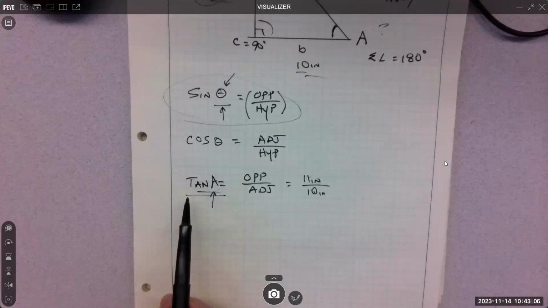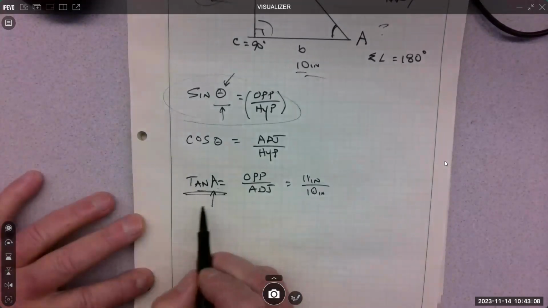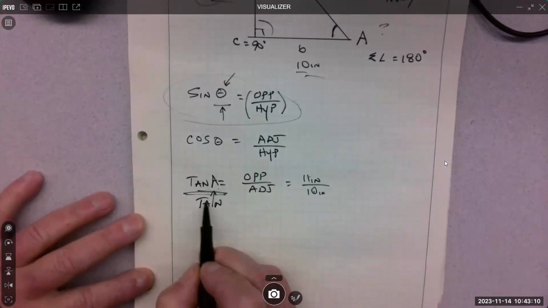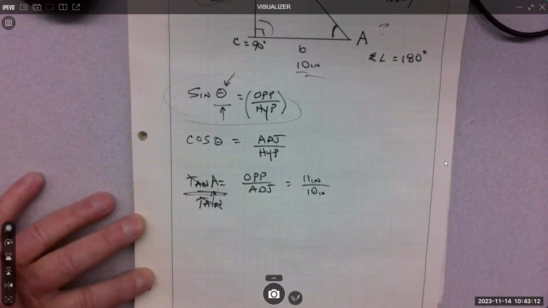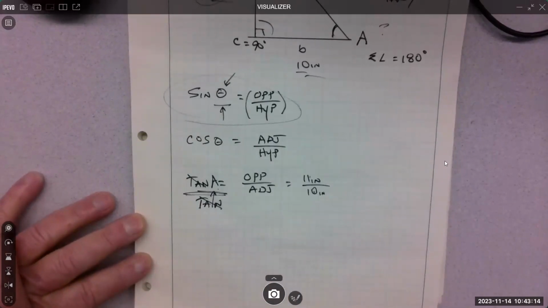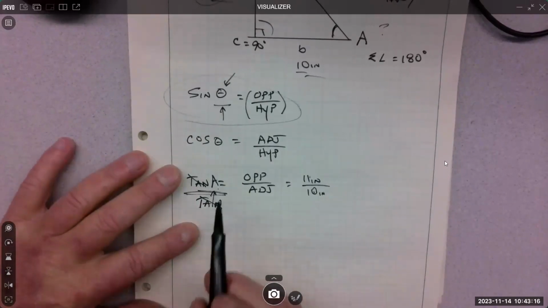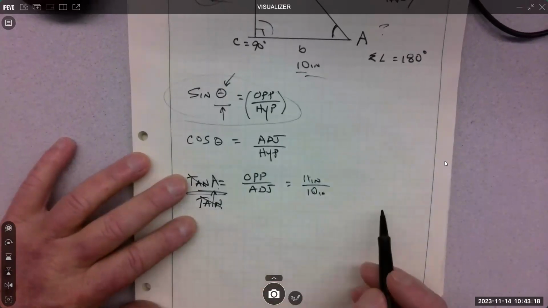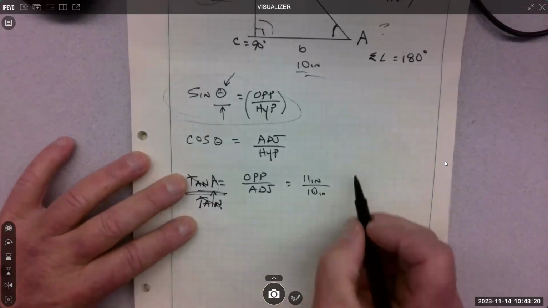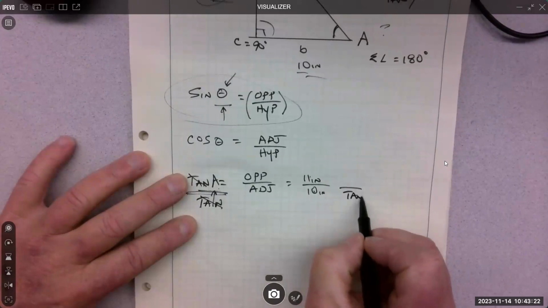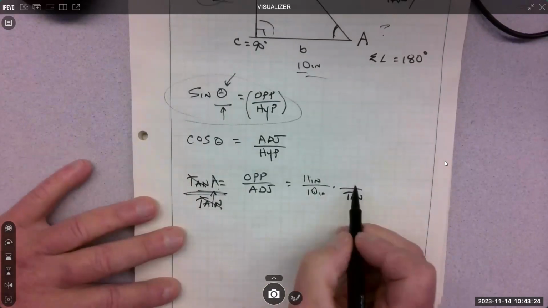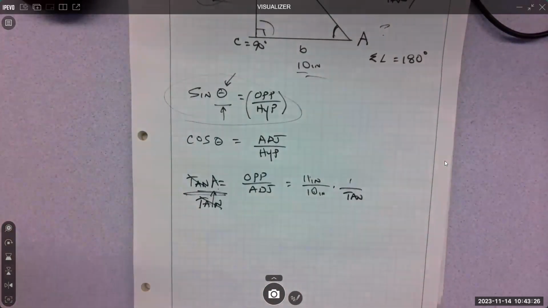I have to divide by tangent. Right? Everyone agree? Basic algebra. That means what I do to one side, I have to do to the other side. So that means I have 1 over tangent there, which is the inverse tangent or arctangent.